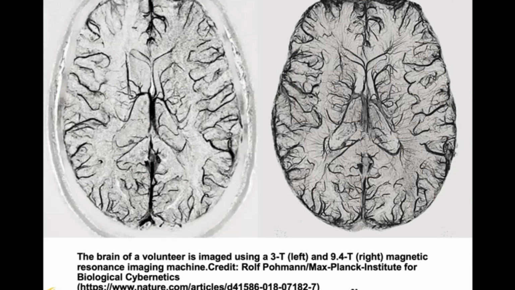You can see more clear details, higher resolution as compared to the 3T machine. This shows you the difference in the magnetic field of the MRI machine, and it will affect the resolution of the resulting images.